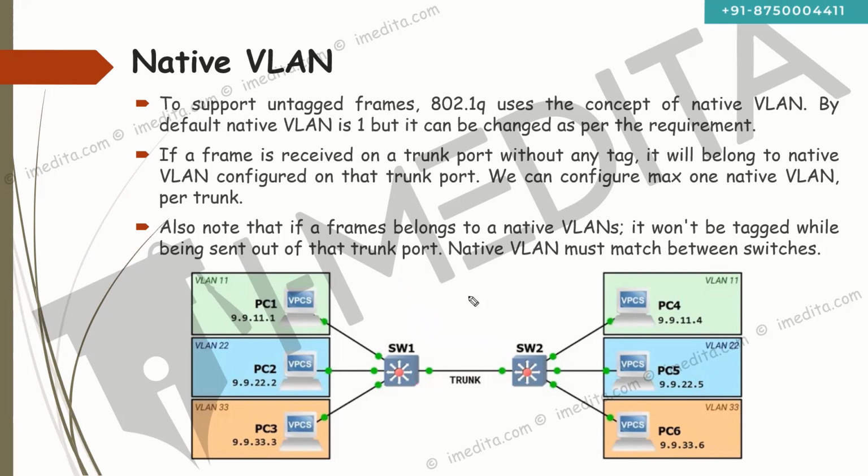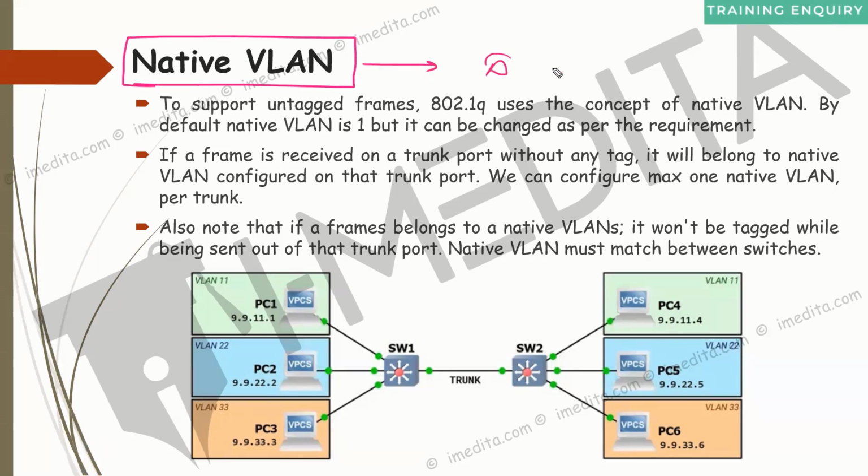So typically in older environments, we used to use this native VLAN to forward the traffic between IP phone to IP phone without being tagged, from one switch to another switch.